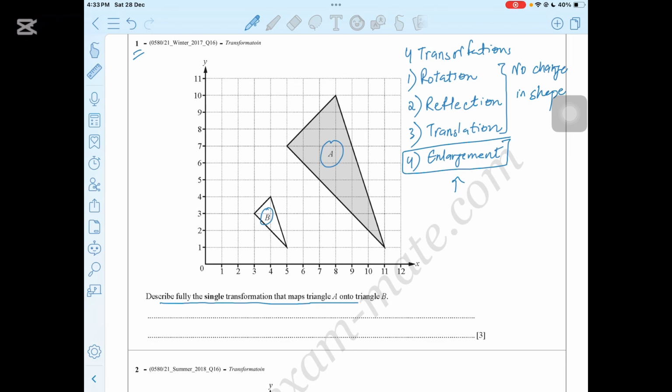So there is clearly a change in size, because the shape has enlarged, or you can say the size has decreased. A was the object and B is the image, which is created.